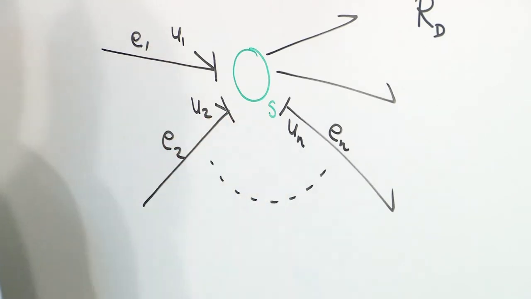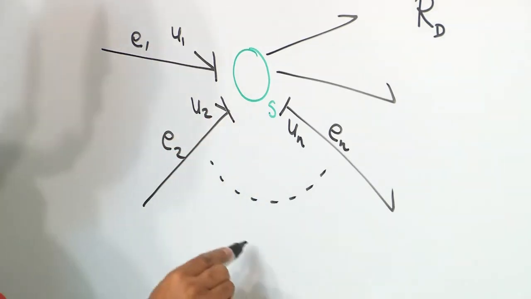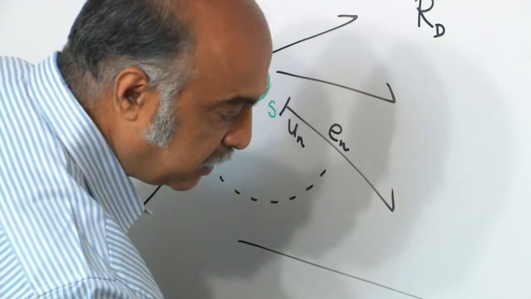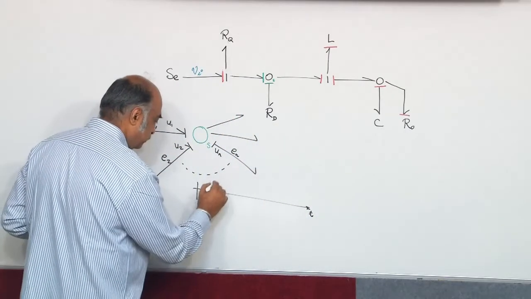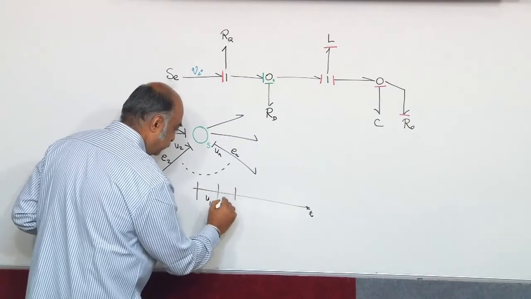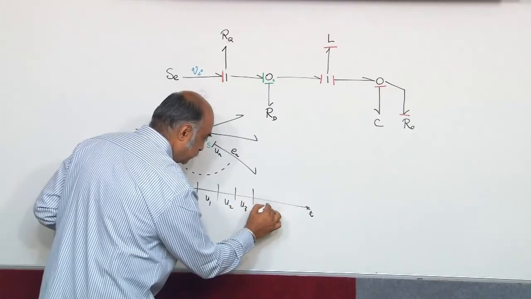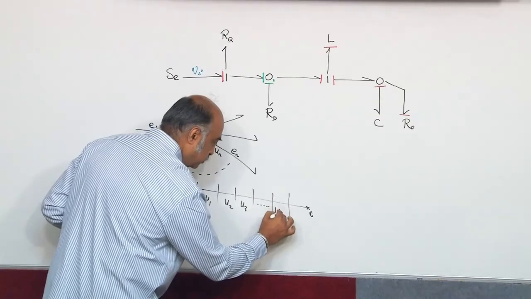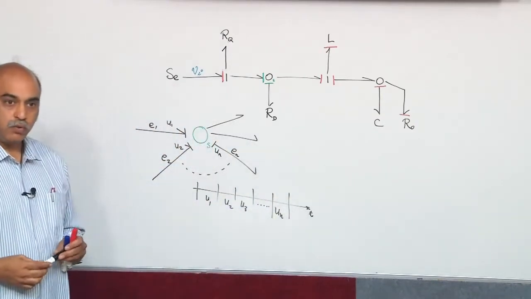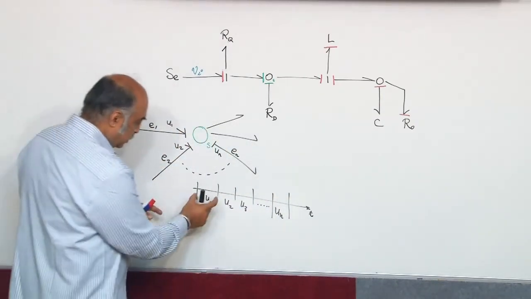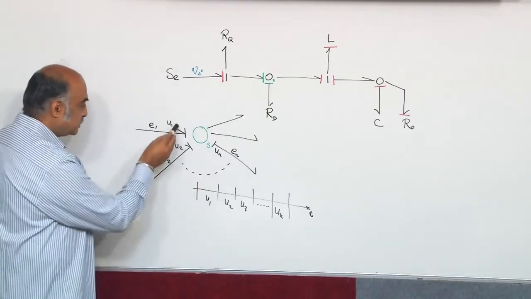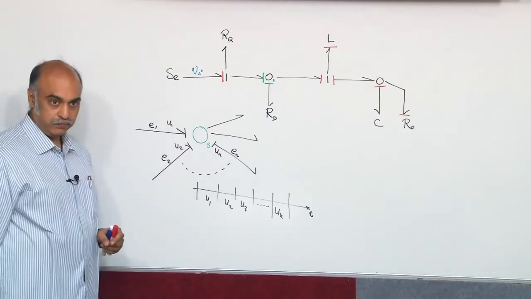U1, U2, Un are mutually exclusive intervals, where if I write the time scale U1, U2, U3, U1. So, what it means that during this, it is this bond which is active.